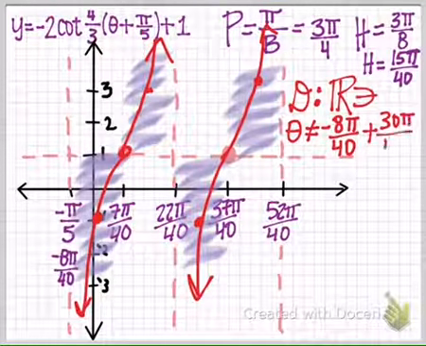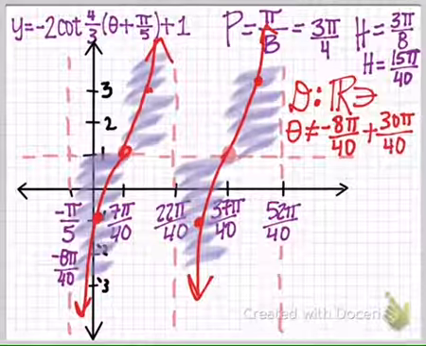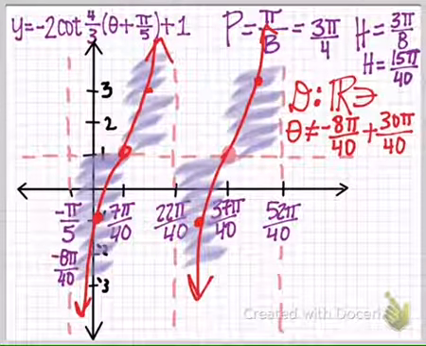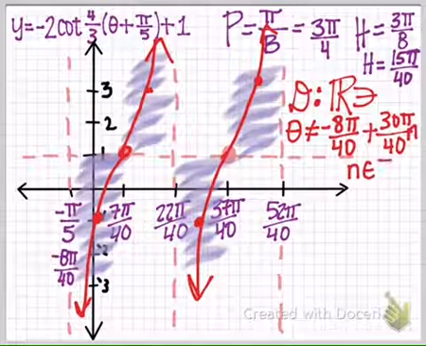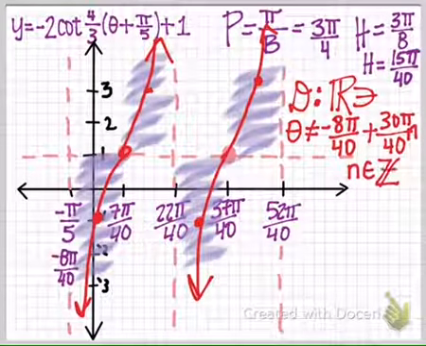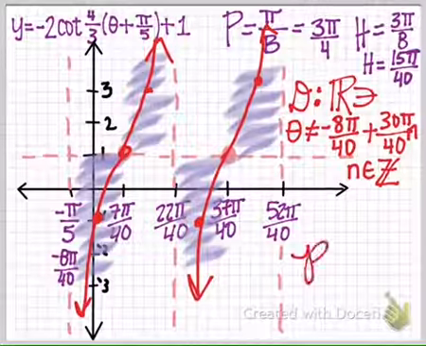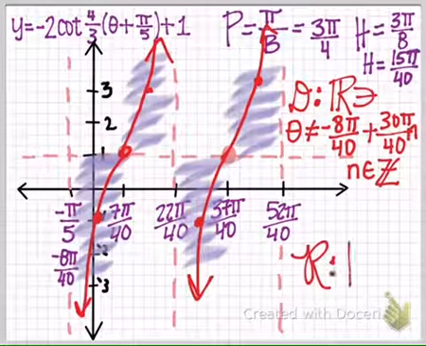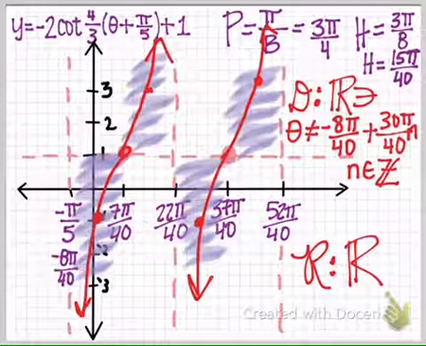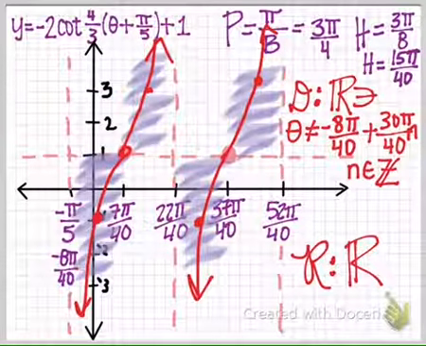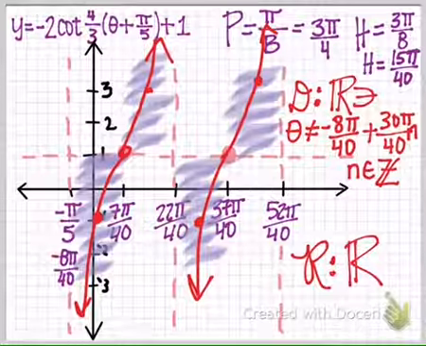That's how far it was to the next asymptote. Yeah. Looks good. Where n exists in the set of integers. And then last, the range. All real numbers. So now you officially know how to graph all 6 trig functions, which means you need to practice them.